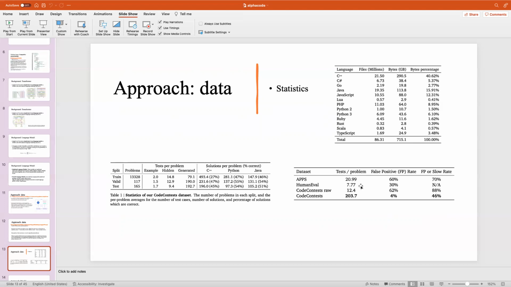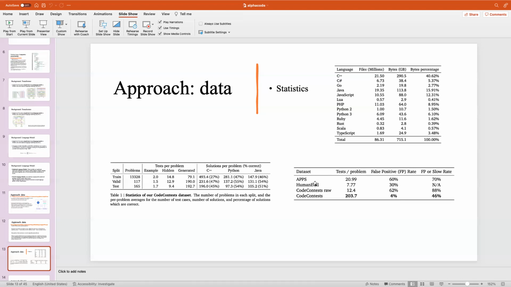And regarding the false positive, you can see in the table in the corner. The CodeContests is the data AlphaCode uses, and without cleaning, the false positive rate is 62%, but now it's only 4%. So the data cleaning process is very effective.